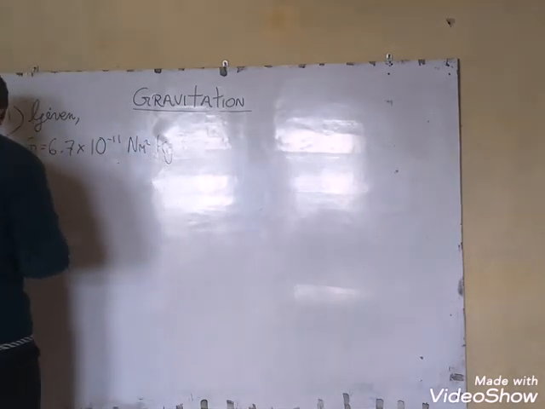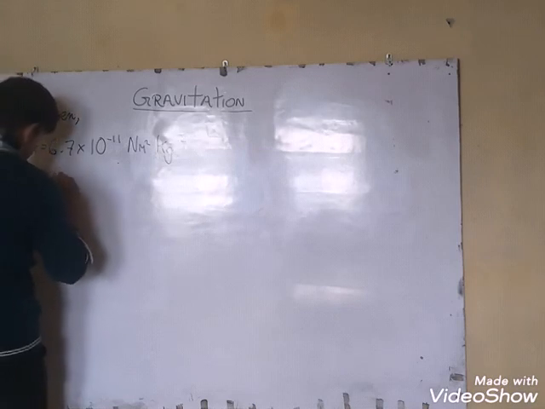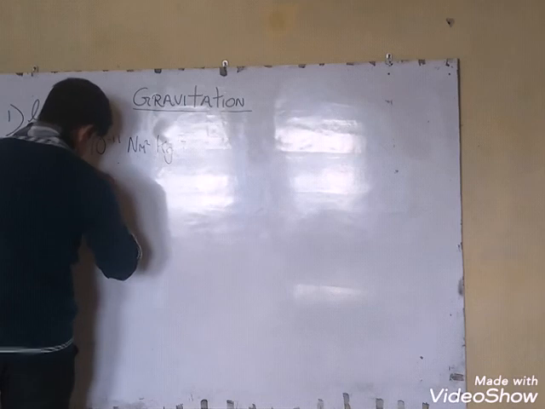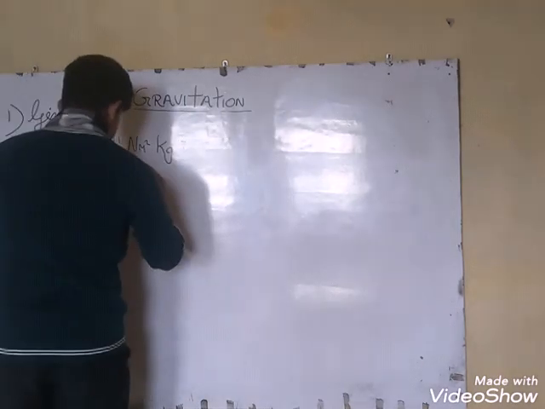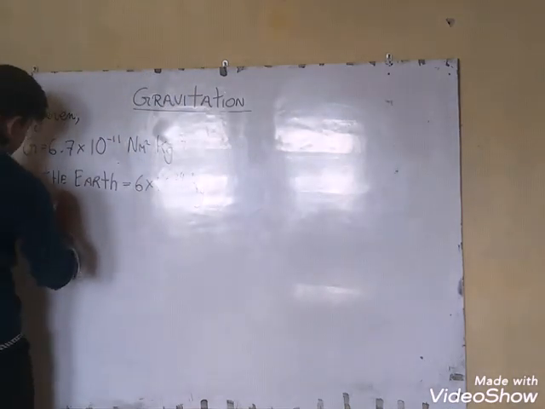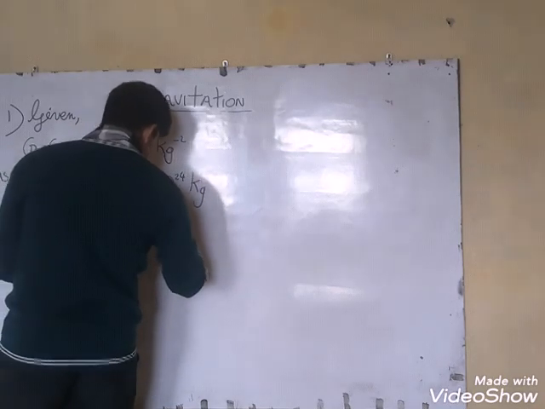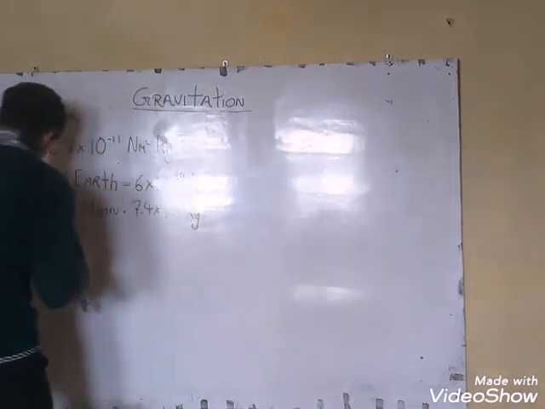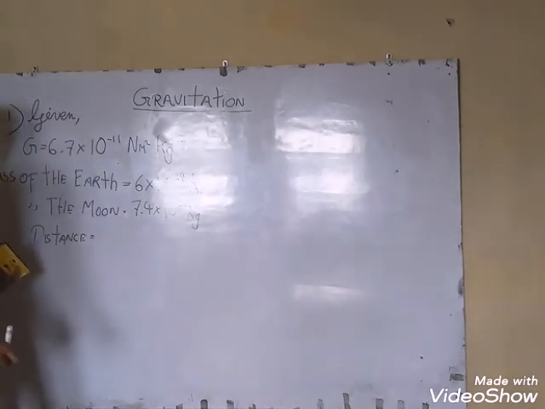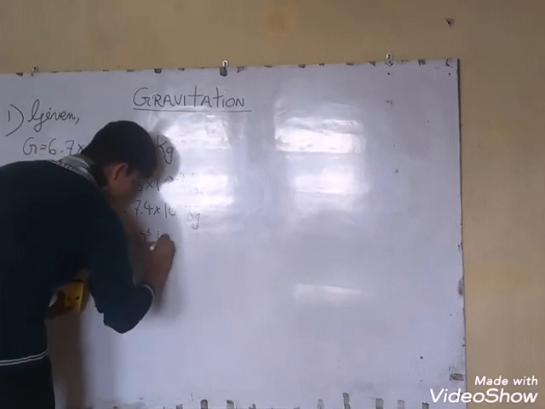And given that the mass of the earth is equal to 6 multiplied by 10 to the power 24 kg, and the mass of the moon is given that 7.4 multiplied by 10 to the power 22 kg, and the distance is equal to 3.84 multiplied by 10 to the power 5 kilometers.